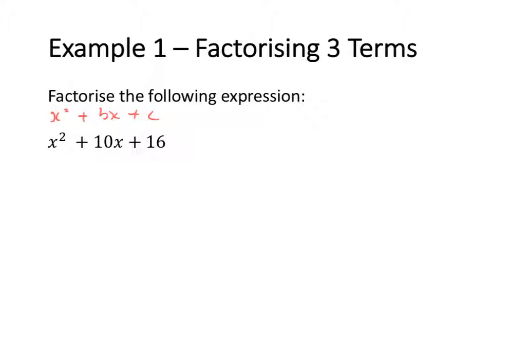My first step is to look for factor sets that multiply to give me my C value, which is 16. The factor sets that multiply to give positive 16 are 1 times 16, 2 times 8, and 4 times 4.